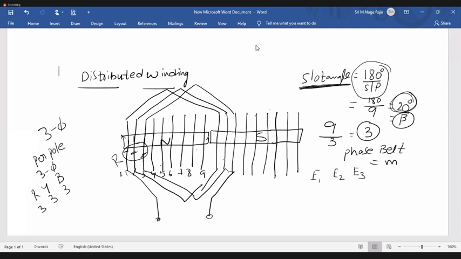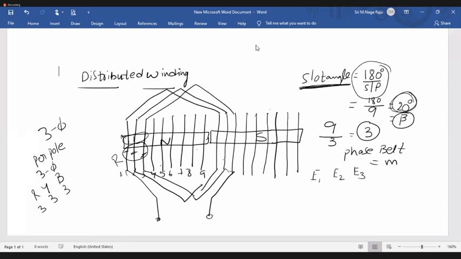Is it an arithmetic sum or vector sum? Vector sum, sir. Yes, it is a vector sum. Why? Because between these three conductors, we have an electrical angle of 20 degrees, which is equal to slot angle. So if you want to get the resultant, we need to add these three conductors by vector addition. This is the vector sum.